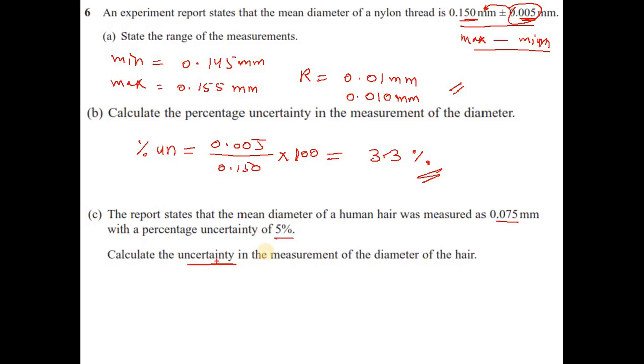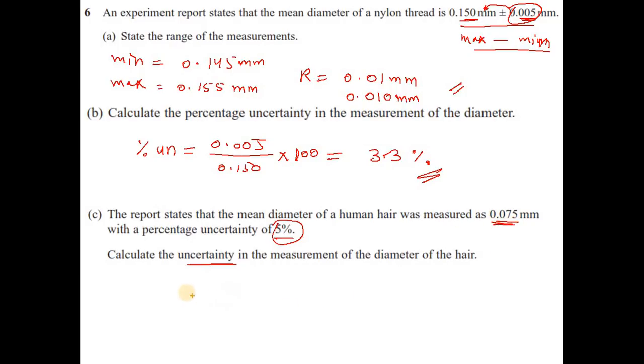Remember, how do we find the percentage uncertainty? Uncertainty divided by the calculated value multiplied by 100. That means they have given you percentage uncertainty and the calculated value.